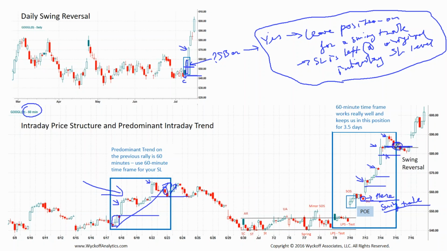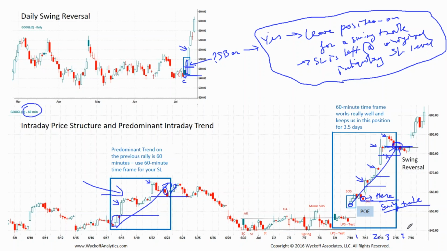So somewhere in this area, I will get out of this position. And look what a trade we have had here. Here's the trade. This trade actually spans through 1, 2, 3, 3.5 days. So that's not your intraday trade per se, but it's a very short swing trade that we've had.